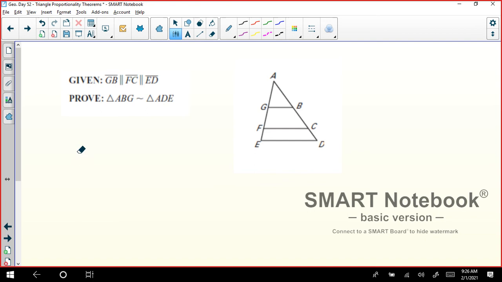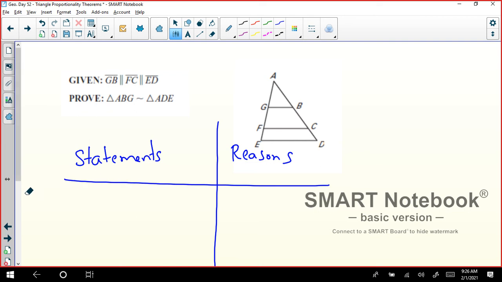I'll just write the proof for you all, in statements and reasons. Let me start with whatever is given. I've been given GB is parallel to FC, which is parallel to ED. That is given.